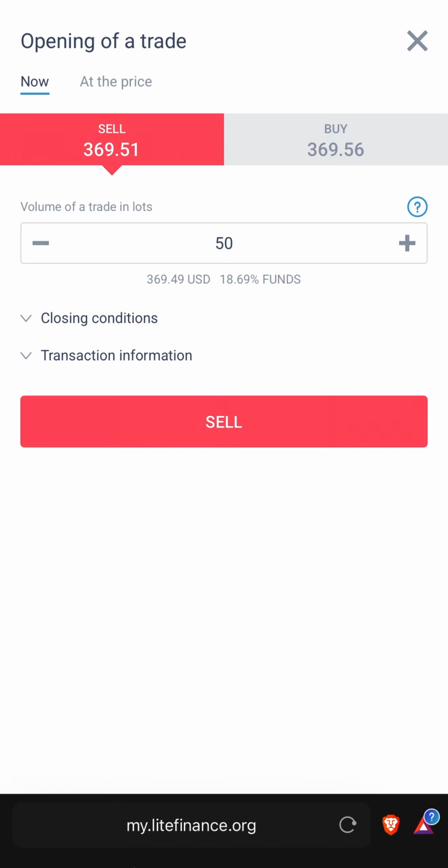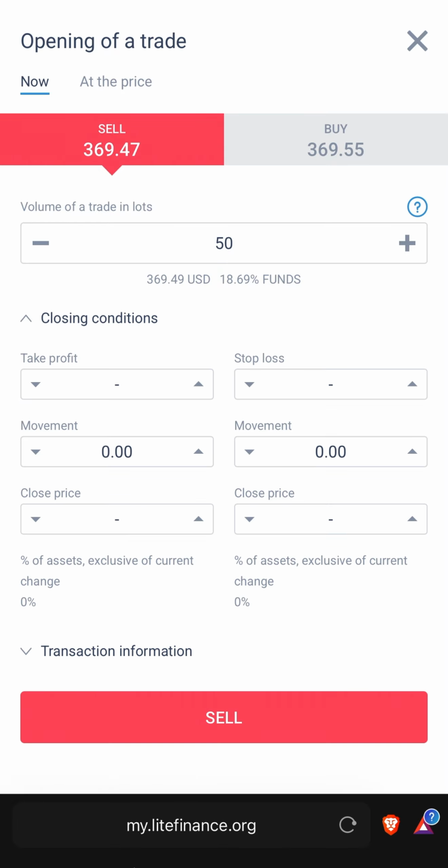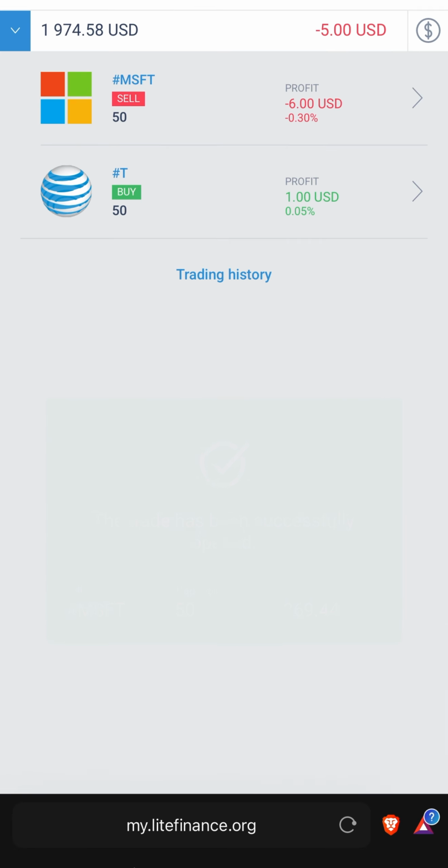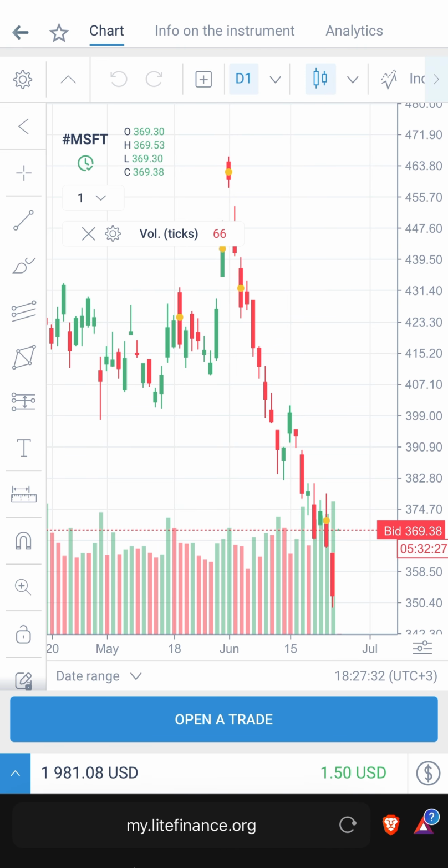All right, so you don't need, like I said, to put a stop loss or a TP. So I can click on sell. Then I'm going to be seeing how my trades are running, in profit, in loss. You're going to be seeing everything. So you can close whenever you like as well. And you should not be afraid of holding the trades for a long period of time because you're not going to be charged a swap fee.